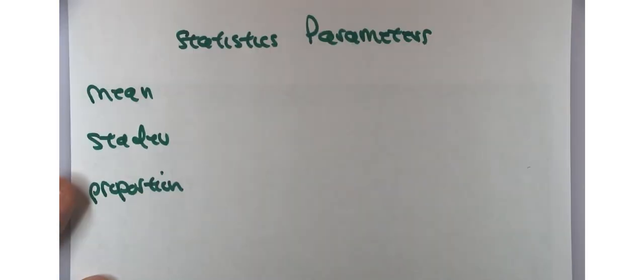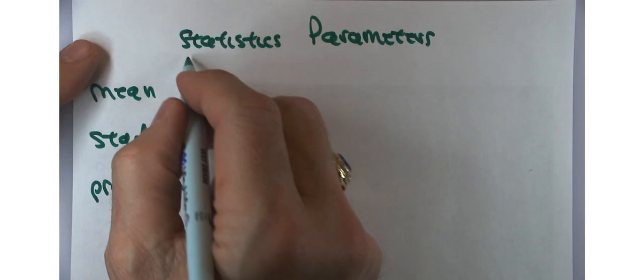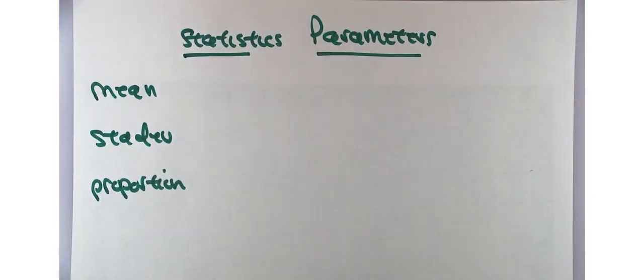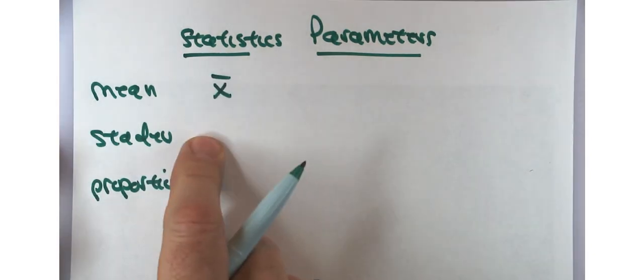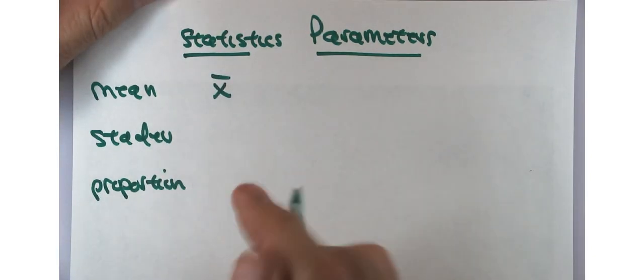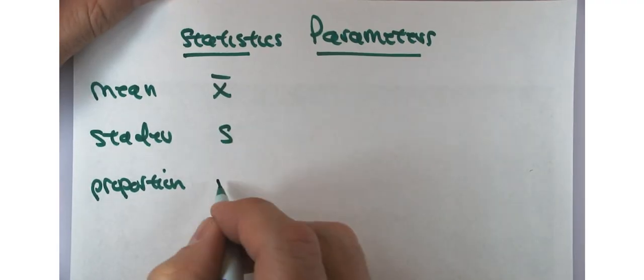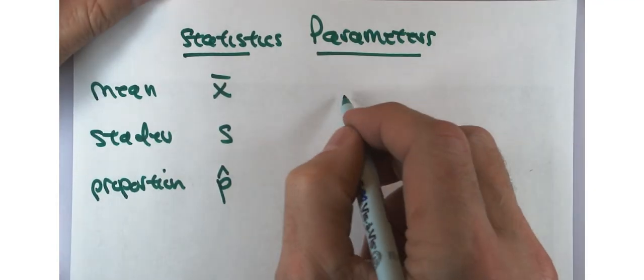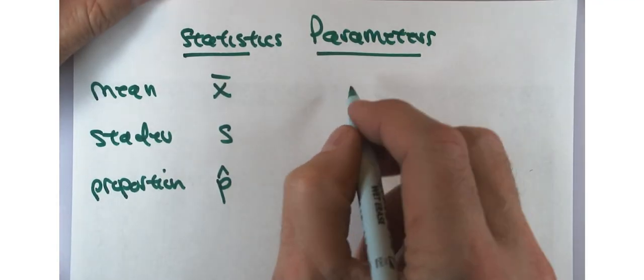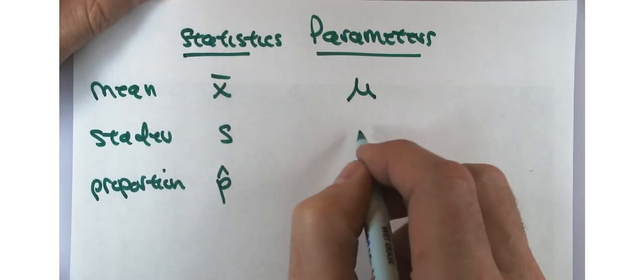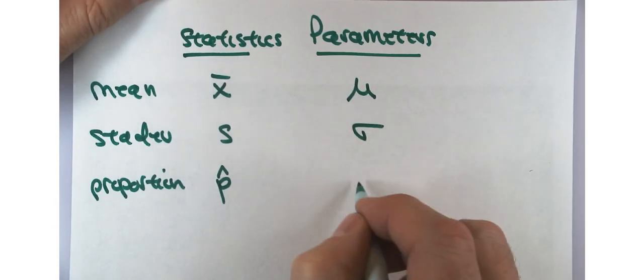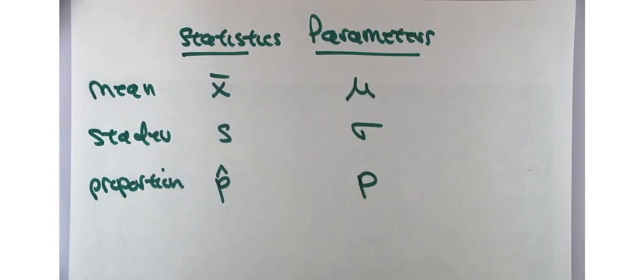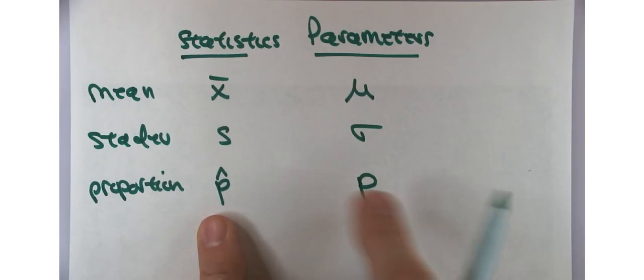What are our statistics? For a sample mean, x bar. Sample standard deviation, s. Proportion, p hat. And then over here for parameters, mu, sigma, p. These are trying to estimate these.